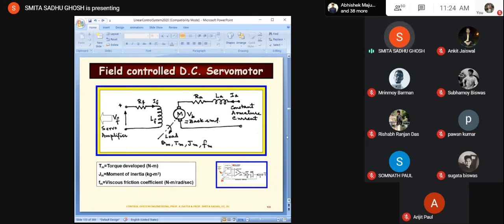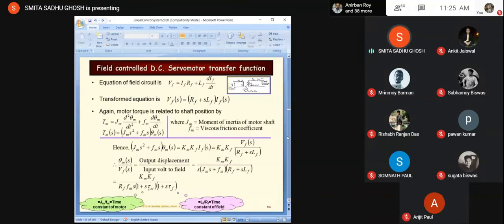So from the equations that we have already got, we have to get rid of intermediate variables and get an expression in terms of theta m and Vf, that is theta m(s) by Vf(s) is what we would be trying to get. So that is what has been done over here. If you work that out, first of all, we equate the mechanical torque and the torque when connected to the field current.